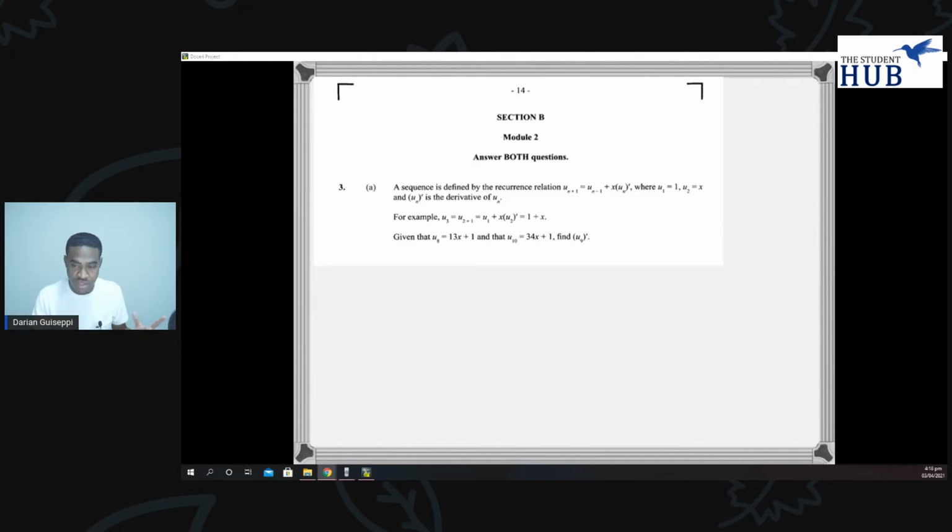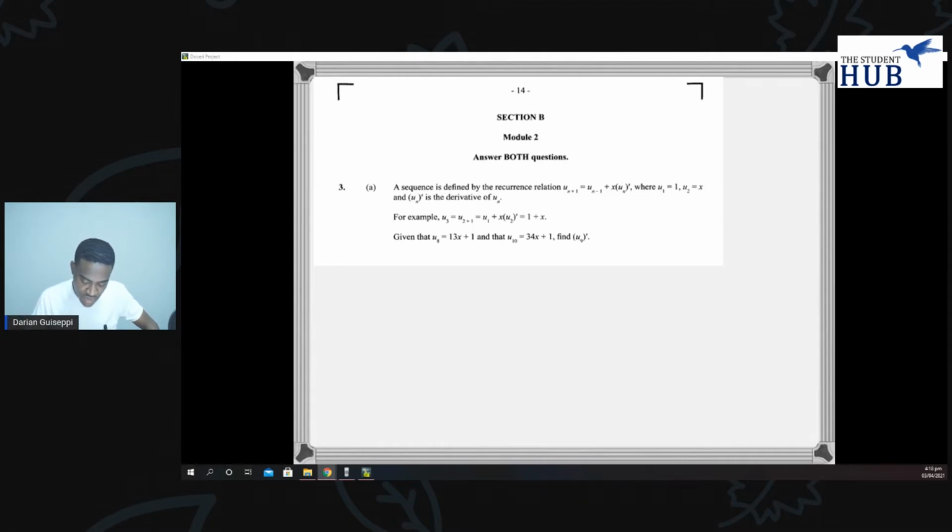Read the question. They're giving us an example of what's taking place with regards to this recurrence relationship. They're saying that u3 is equal to u2 plus 1, which is equal to u1 plus x by u subscript 2 prime, which is equal to 1 plus x.